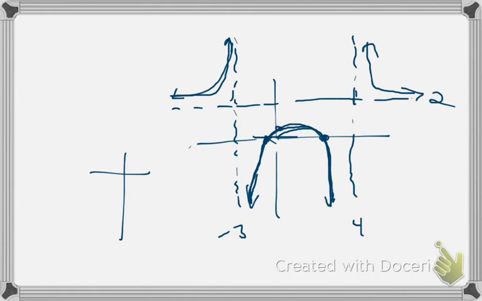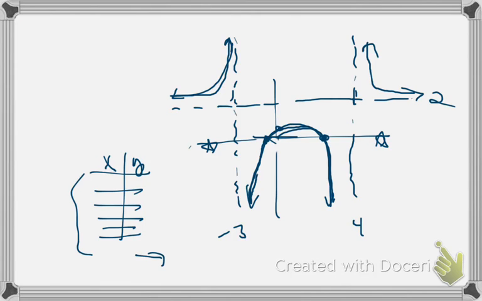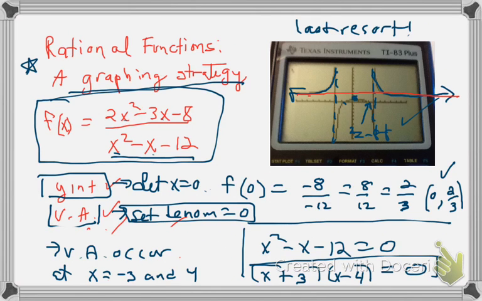And that's good old-fashioned creating an xy table. That's what I meant by free points. You would pick points to the left of negative 3 and pick points to the right of 4, say 5, and literally create an xy table to fill in the blanks. But I just wanted to give you the strategy behind that. Okay, good luck out there.